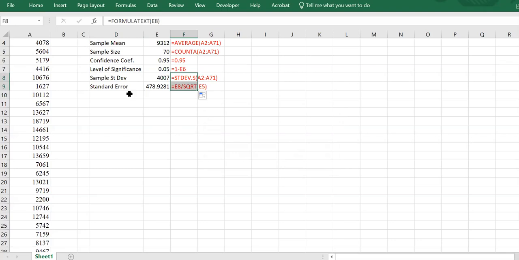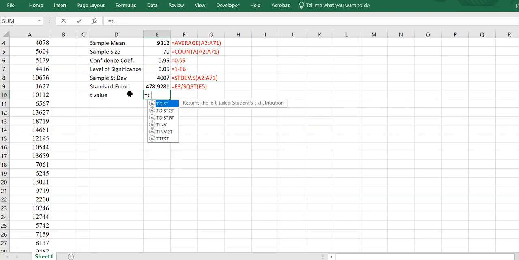All right, so now we need to find the t value, or t half of alpha, and for that we need to use this function, T.INV. As you can see, you have two options for the t distribution. You can use two tails or one tail.